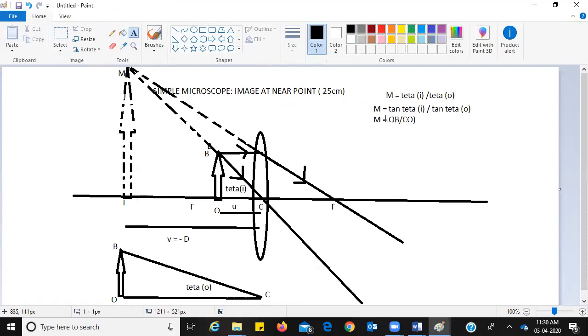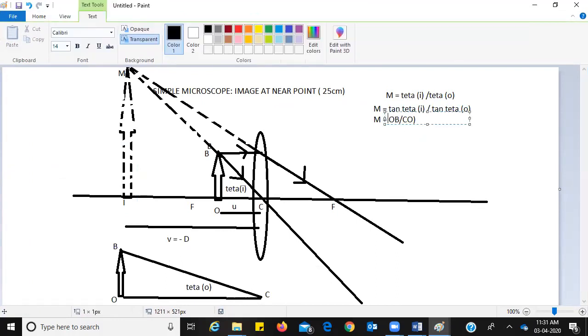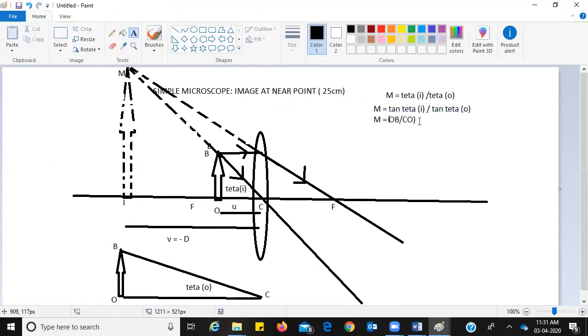CO by OB into CO by OB, divided by OB by OC.